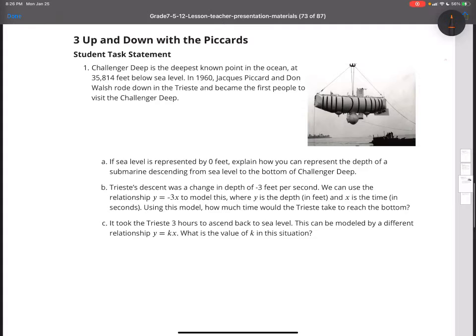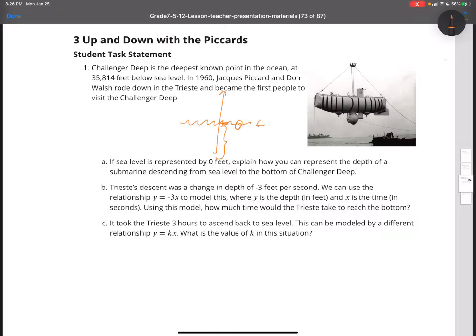Okay, so basically, I'm going to draw a vertical number line, and I'm going to draw some water. This is sea level, and they're saying that sea level is represented by 0. What would it be below sea level?